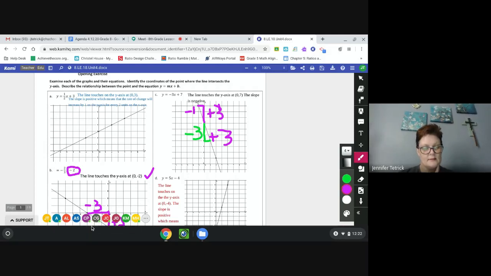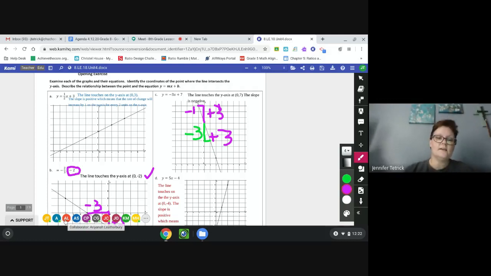Hey, Chris. Nope, I lied. Ariana. There we go. Did you use the equation to tell you where the line touched on the axis, or did you use the graph?